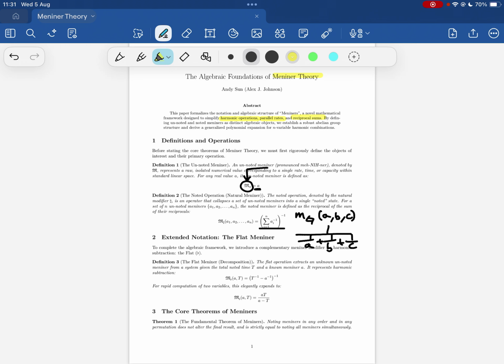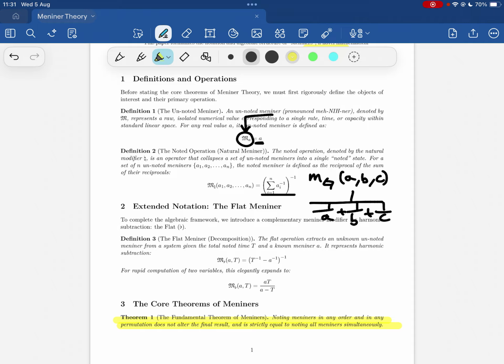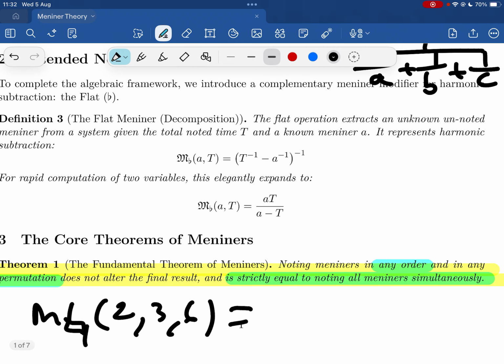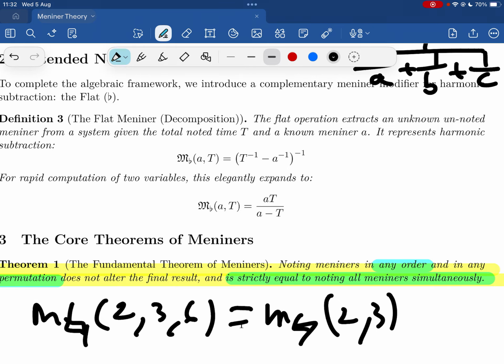We shall now move on to one of the most important theorems of all Meniners, which is the Fundamental Theorem of Meniners, which says noting Meniners in any order and in any permutation does not alter the final result and is strictly equal to noting all of them simultaneously. Meaning, as an example, noting 2, 3, and 6 is equal to noting 2 and 3, and then taking the entire thing and noting 6 again.